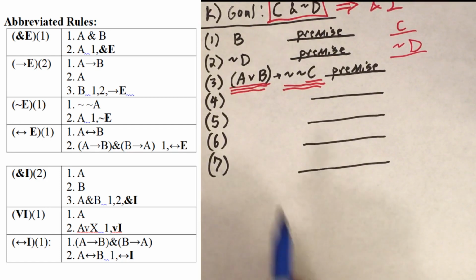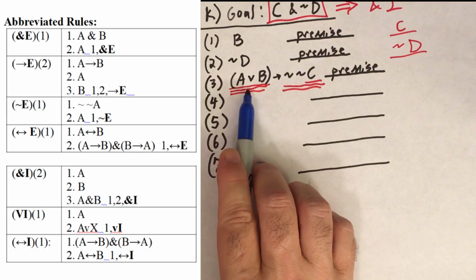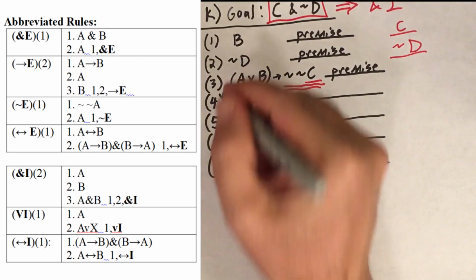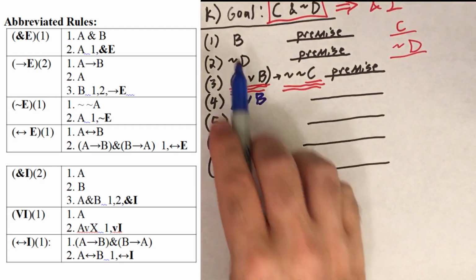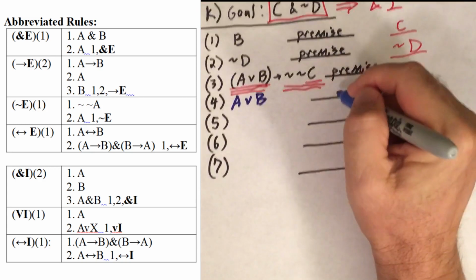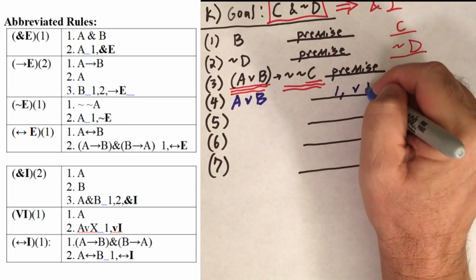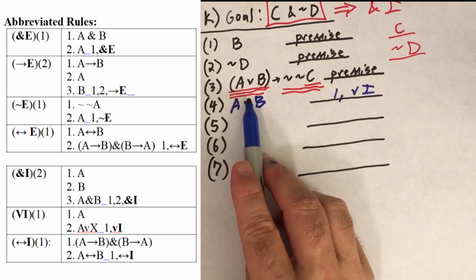So I see my map. What am I going to do first? I'm going to get my subgoal by creating the new OR by using line 1. In line 4, A or B is true because B is true. Do you see it? I used line 1 and the OR introduction rule. So I have my subgoal.